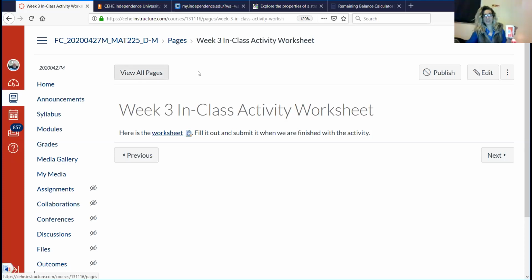Mine does not have a download. Ours is just submit. Click on the word worksheet and it should download it. I don't even have that, but let me go into a different thing and see if I can find it. Go into week 3 of Canvas and look for the week 3 in-class activity worksheet.